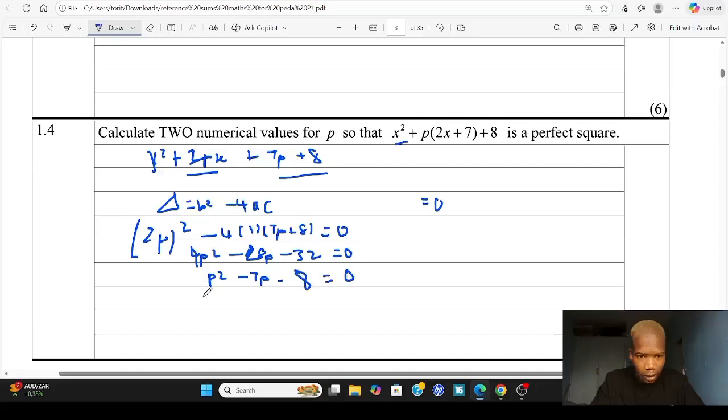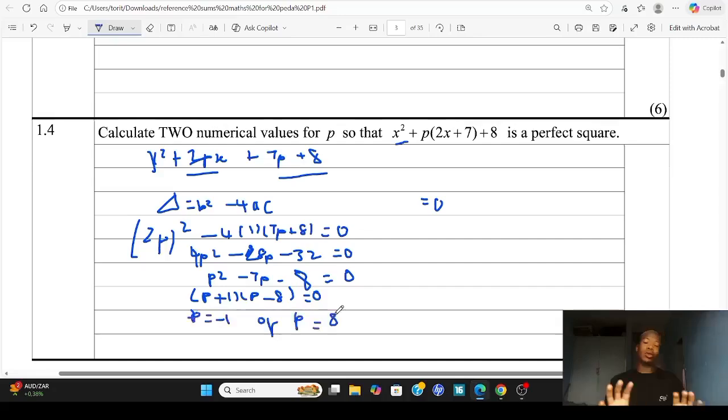So we factorize everything, so it's p plus 1, p minus 8 equals 0. So p is equal to minus 1, or p is equal to 8. So those are our values for our solution.